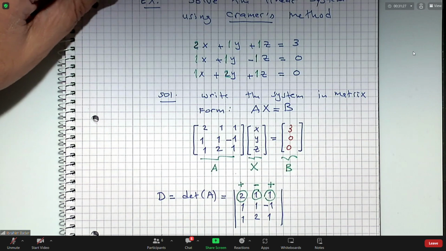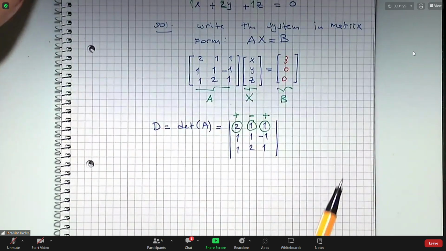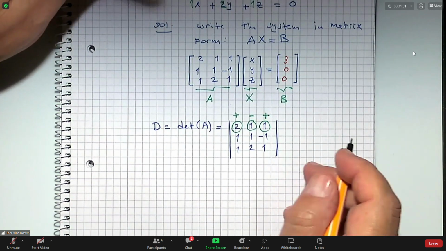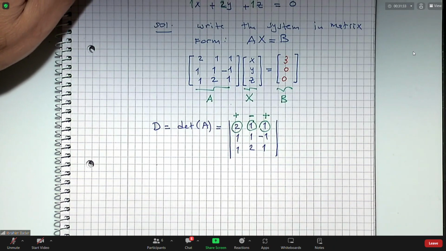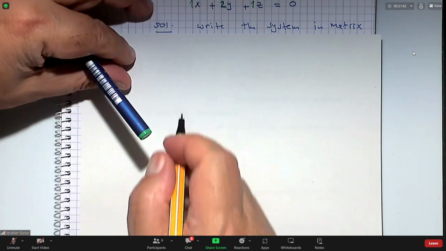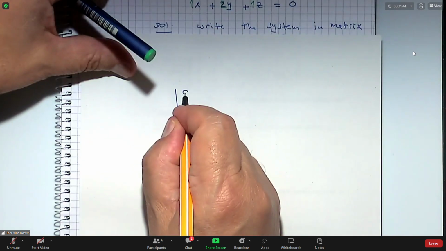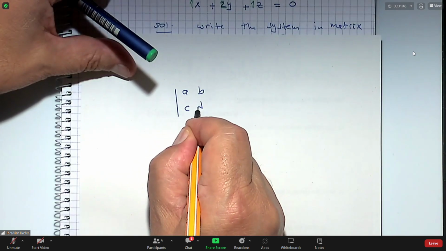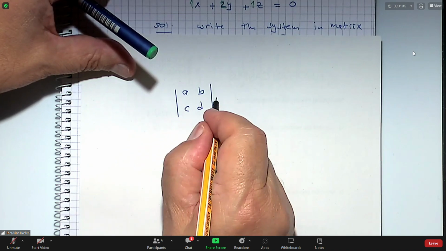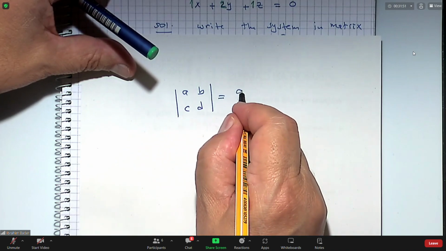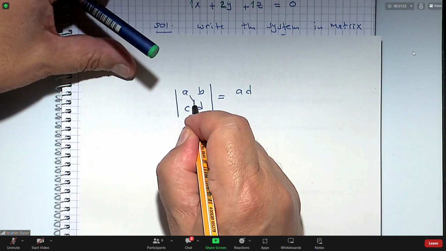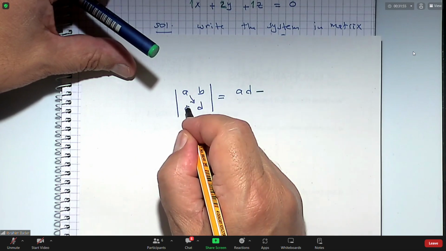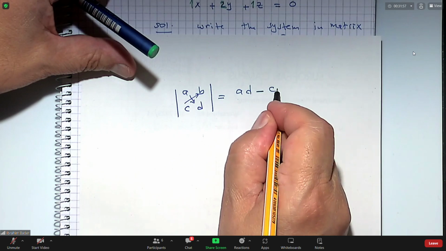Now remember the fact that a 2 by 2 determinant is, let me just write it here somewhere on scratch paper. So a 2 by 2 determinant, you just have A, B, C, D. And we said this method is just you multiply A with D and then subtract C times B, right?